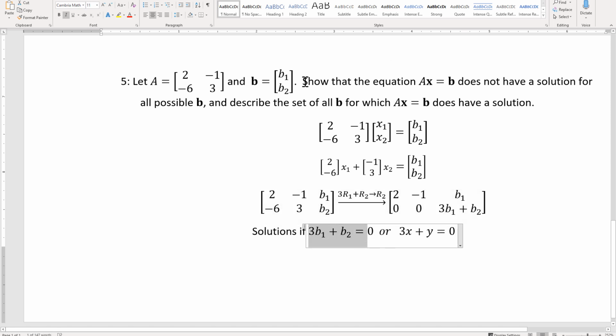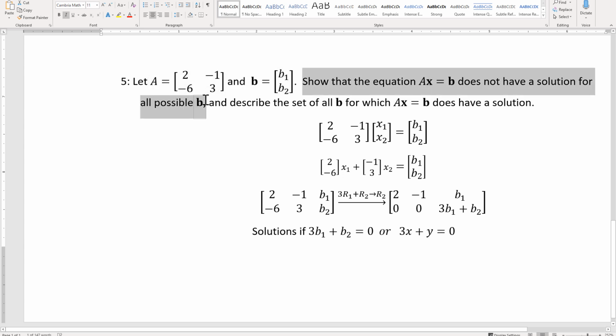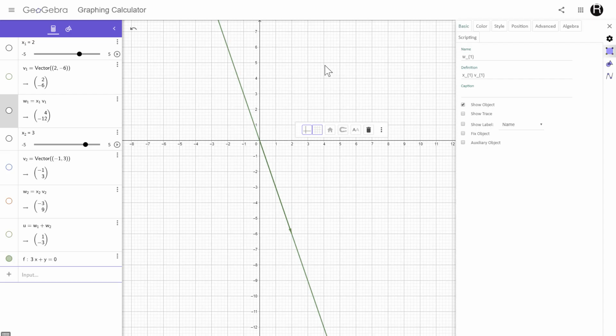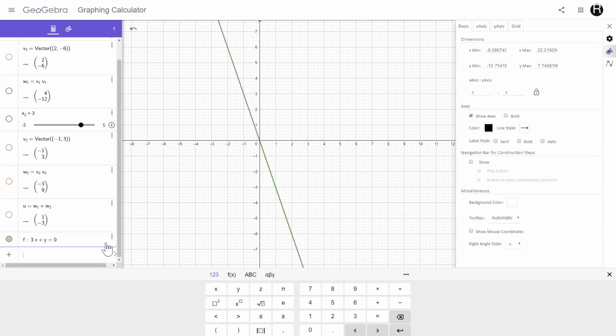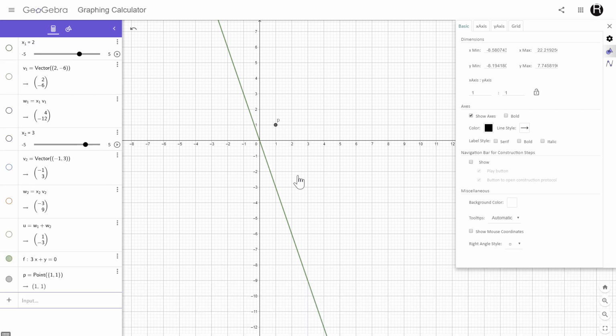So let's see if we can answer the question: show that the equation does not have a solution for all possible b. What they're saying there is that if I take a b that's some random point, let's say 1, 1, then I'm not going to have a solution for that.